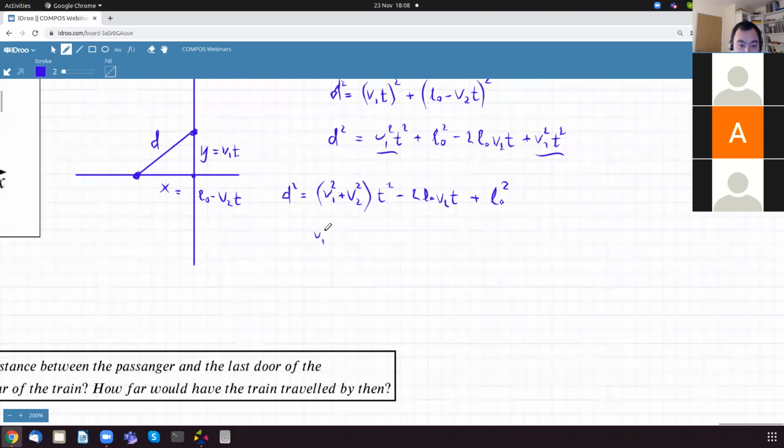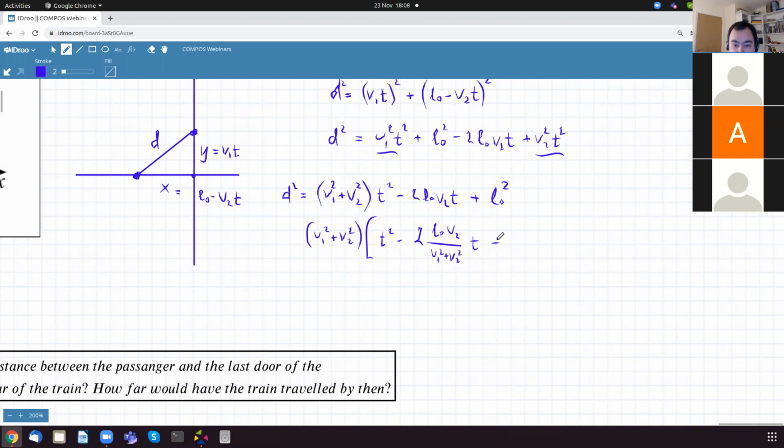We take v1 squared plus v2 squared out of the brackets, and we're left with t squared minus 2 L0 v2 divided by (v1 squared plus v2 squared) times t plus L0 squared divided by (v1 squared plus v2 squared).